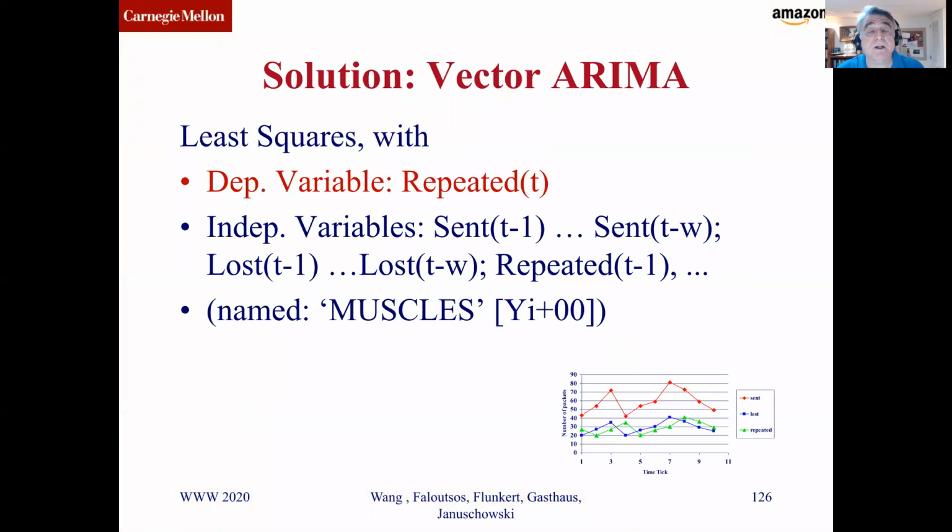Actually, it is called vector ARIMA, but the problem is exactly the same. We want to guess how many repeated packets we'll have at time t, based on a window, pick a window size W, let's say equals 5, of the packets sent, packets lost, and packets repeated. The mathematics are exactly the same as before, Moore-Penrose pseudo-inverse, and we can solve the problem.